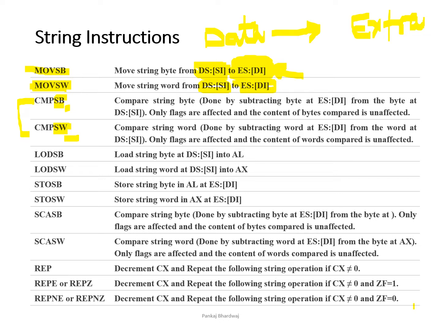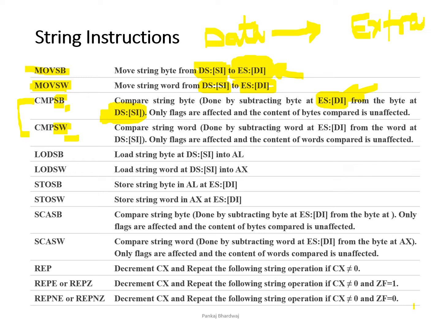So subtract the byte available at the extra segment and DI combination from the byte at the data segment and source index register. For example, this is A, and the extra segment will provide another byte, that is B. Then we calculate the difference, A minus B. A is the data segment byte and B is the extra segment byte.